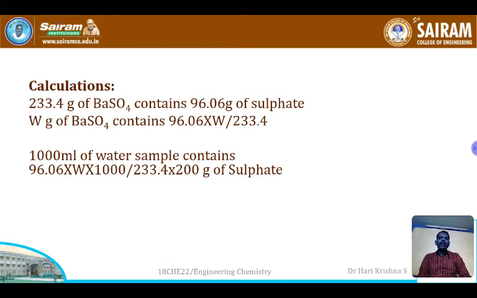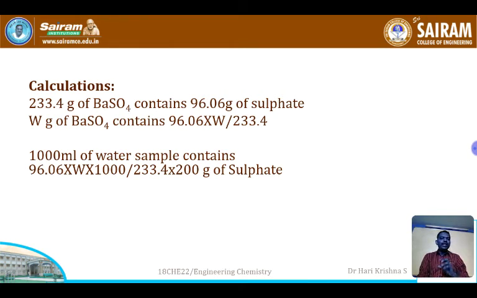So W grams of barium sulphate contains 96.06 into W divided by 233.4 grams. Therefore, 1000 ml of water sample contains, cross multiplying, 96.06 into W into 1000 divided by 233.4 into 200 grams. So that gives how much sulphate is present in the given sample.